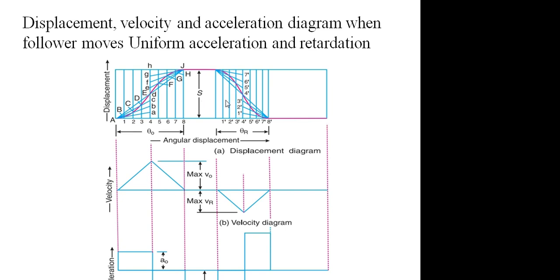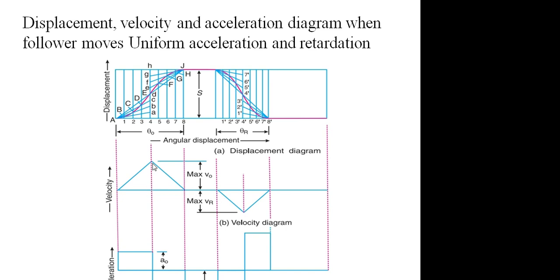Now this is the displacement diagram for the follower when the follower moves with uniform acceleration and retardation. This is the velocity diagram. At the start and end of the outstroke of the follower, the velocity is 0. Similarly, at the start and end of the instroke of the follower, the velocity of the follower is 0 again. It is maximum at the mid of the outstroke and mid of the instroke.